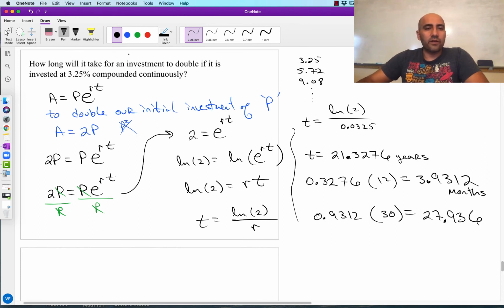And that's as far as we want to go. So this 21.3276 years is equivalent to 21 years, 3 months, and 27 days.